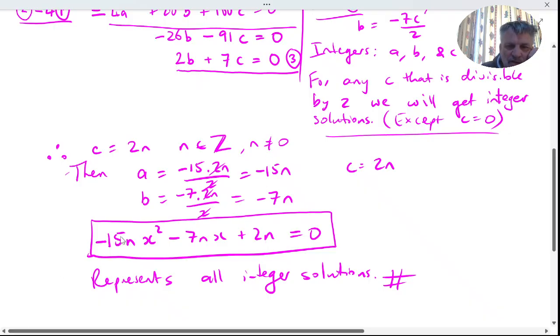If n's 0, then we've got 0 for all of the coefficients, and we don't really have a quadratic. There's a sense in which you might say, well, it is some sort of degenerate quadratic. It's equally valid just to exclude 0 and not have that problem. Every other value of n gives a real quadratic. Real being probably about an actual quadratic.